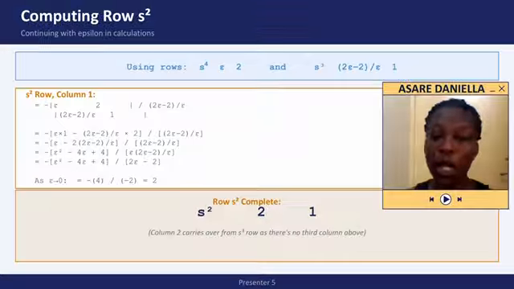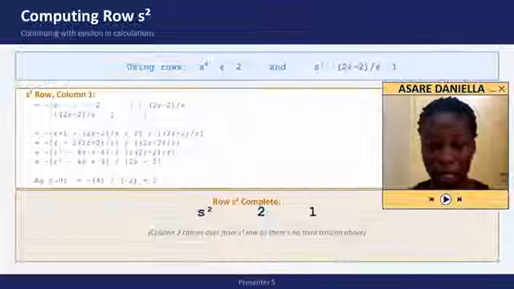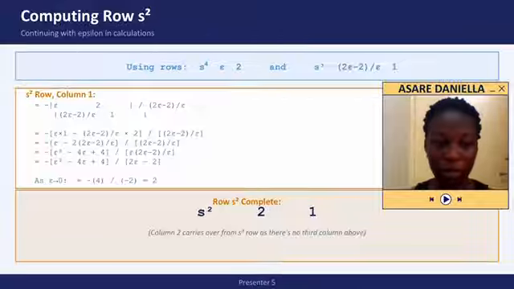So now we'll have to compute our determinant. We have epsilon times 1 minus negative 2 over epsilon times 2. This gives us epsilon minus negative 4 over epsilon, which equals epsilon plus 4 over epsilon. Now we divide this entire expression by the first element of row S cubed, which is negative 2 over epsilon.